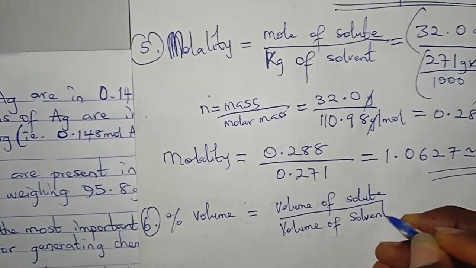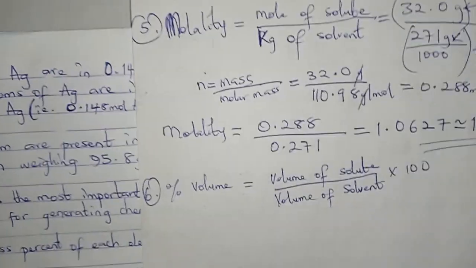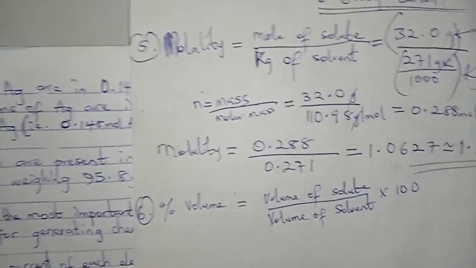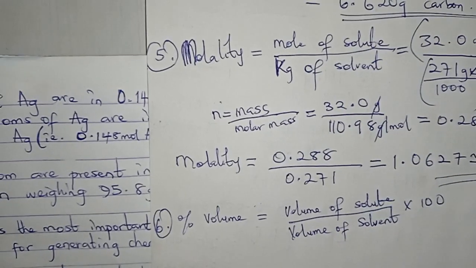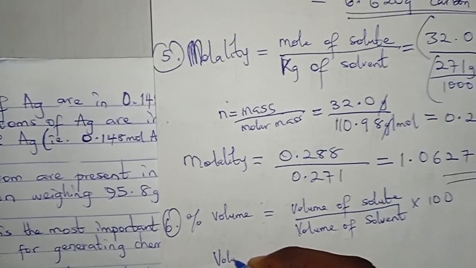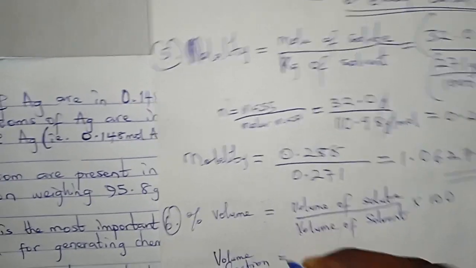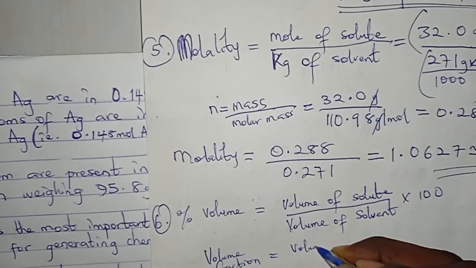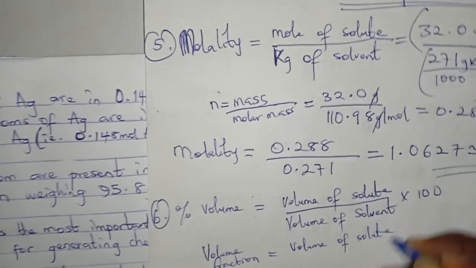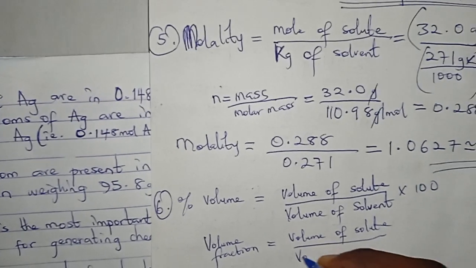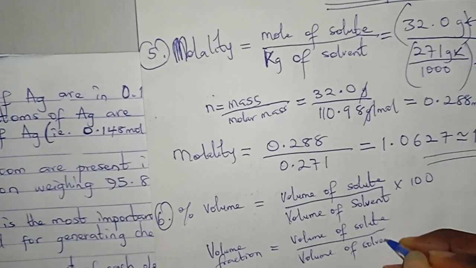Let me use solvent, times 100. That is it. Which means that when you times it by 100, you get the percentage. Which means that volume fraction is simply volume of solute all over volume of solvent.